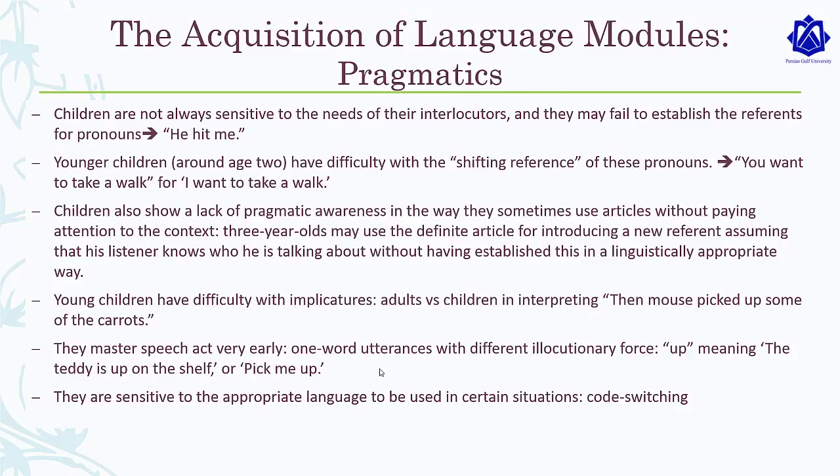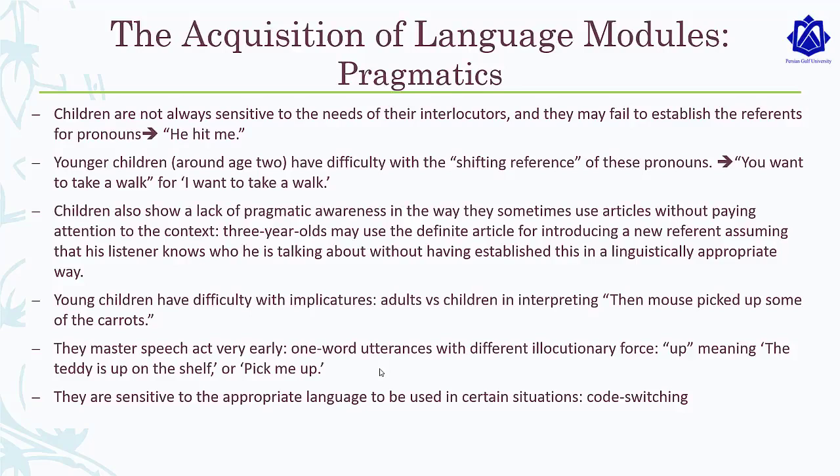They are sensitive to what language should be used in any certain situation. When they are speaking to a bilingual person and the children themselves are bilingual, then they would code switch. But if the one they are talking to is monolingual, then they would not switch between their two languages, and they will keep with the language that they know and their interlocutor knows.